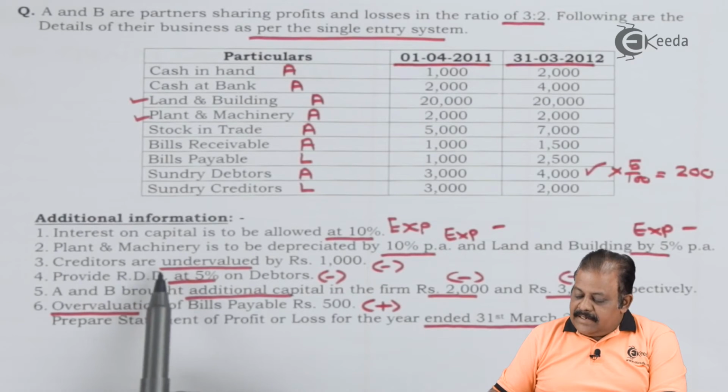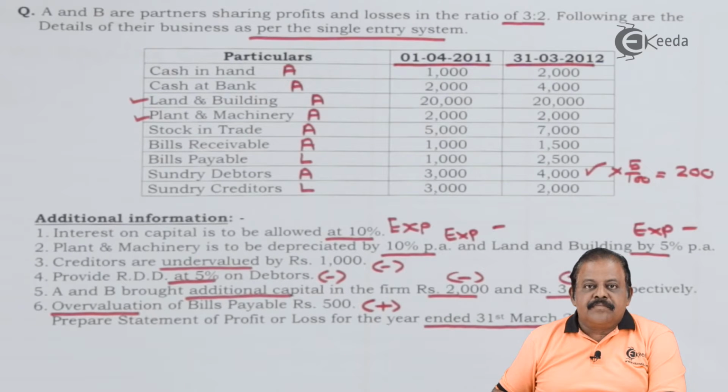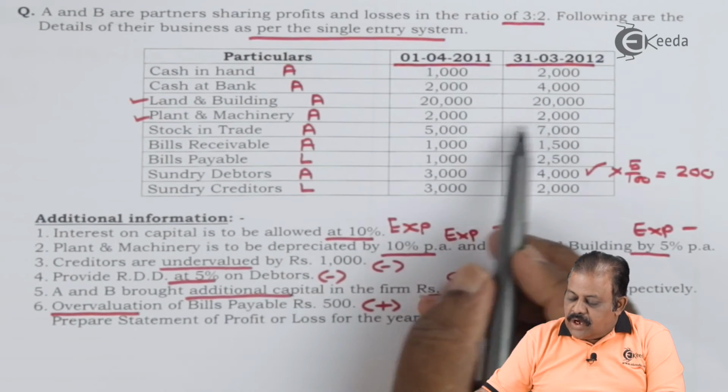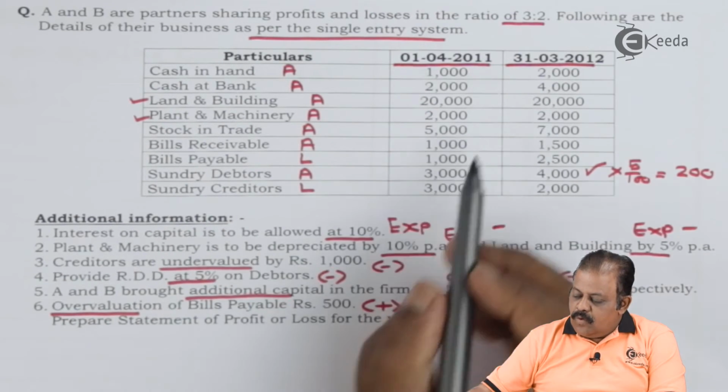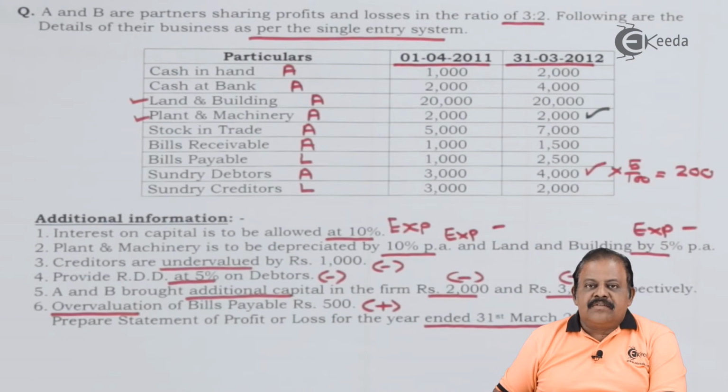Next, plant and machinery is to be depreciated by 10% per annum. Plant and machinery, it is 2,000, opening as well as closing. Depreciation is charged on closing.